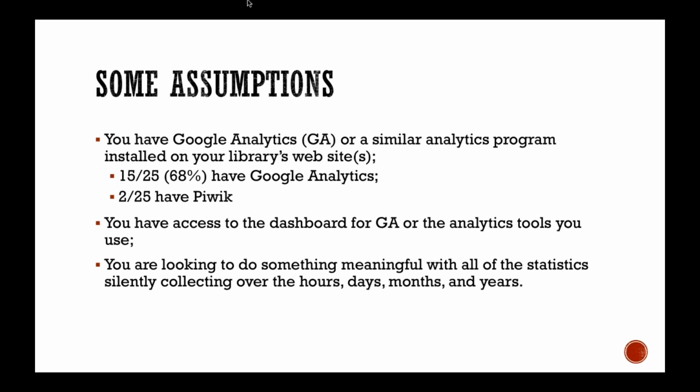So if you are getting exit pages or referrals or whatever data you're pulling from one software package, it will mean pretty much the same thing. So even though we'll be focusing on Google Analytics, the terminology will be the same, and the questions that you can ask yourself based on the data reporting from those metrics will be the same.